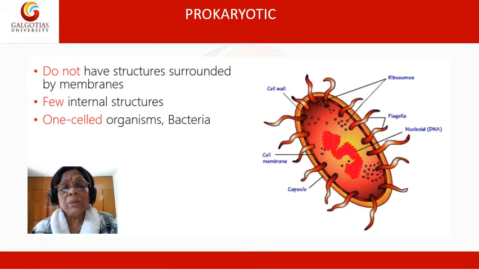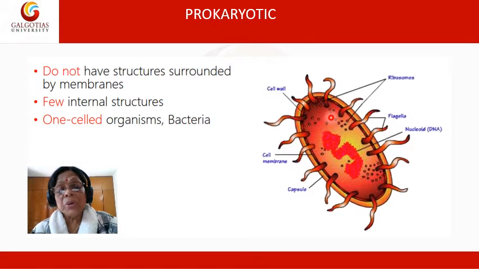Now let us first discuss the structure of the prokaryotic cell. They do not have structures surrounded by a membrane. All the cell organelles are without limiting membranes; they are just spread and present in the cytoplasm.